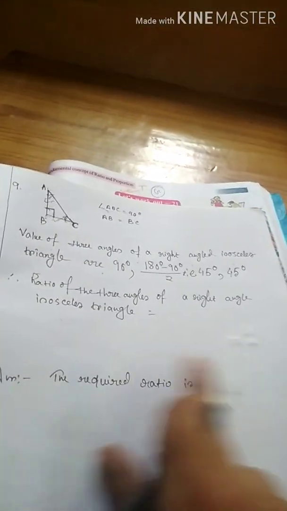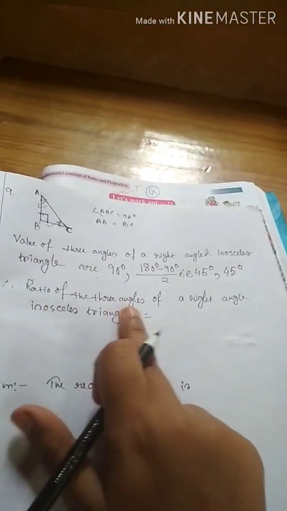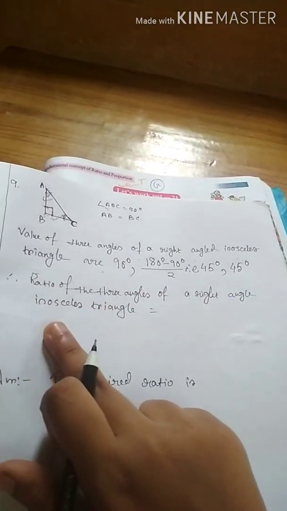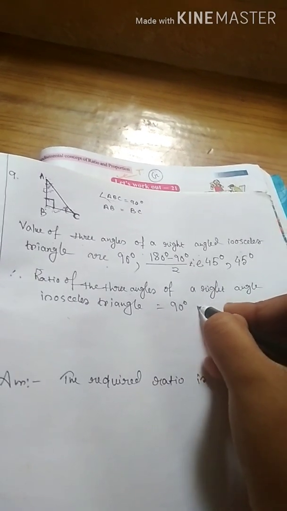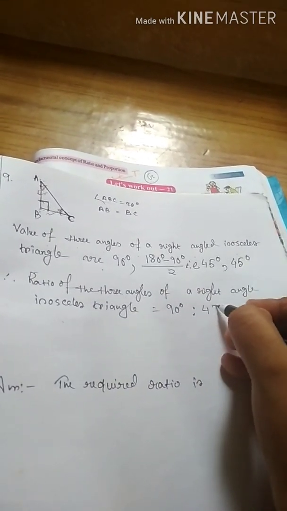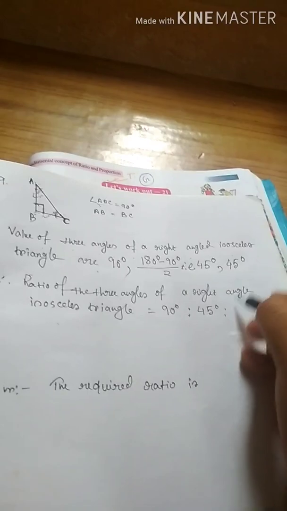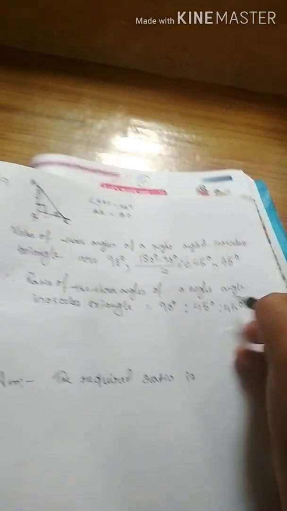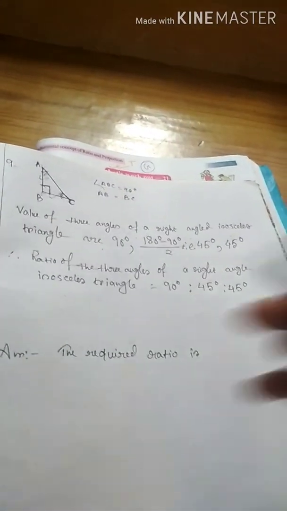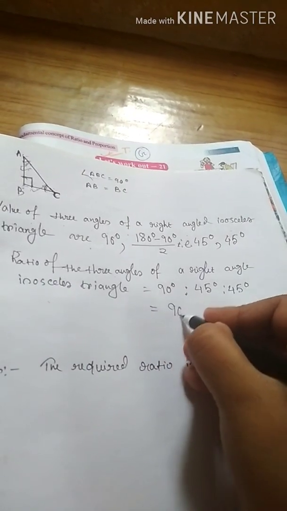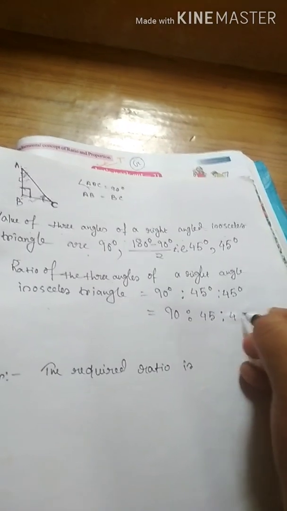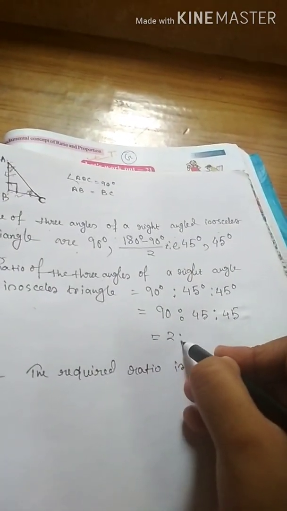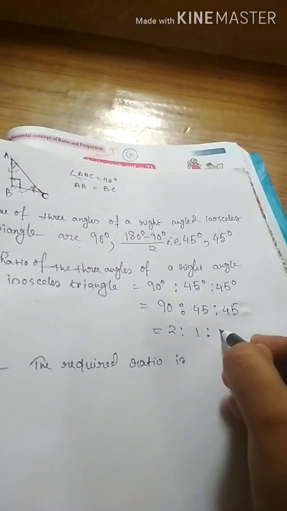Fine, now I will find the ratios. Ratio of the three angles of a right angled isosceles triangle equals 90 degrees ratio 45 degrees ratio 45 degrees. Degree is the unit here, so in the next line we will write without degree: 90, 45, 45. 45 twos are 90, 45 ones are 45, 45 ones are 45.